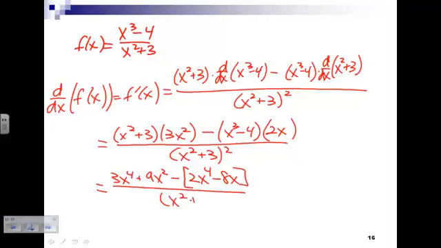All over x squared plus 3 squared. Now distribute the negative sign and look for like terms. We have a 3x to the 4th and a negative 2x to the 4th, giving me x to the 4th plus 9x squared plus 8x all over x squared plus 3 squared. There's our final answer.